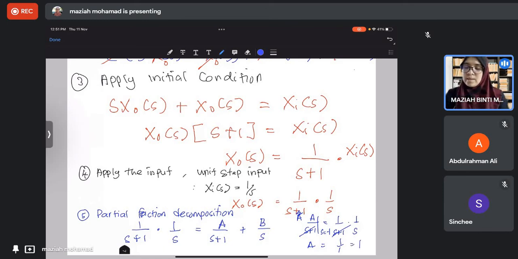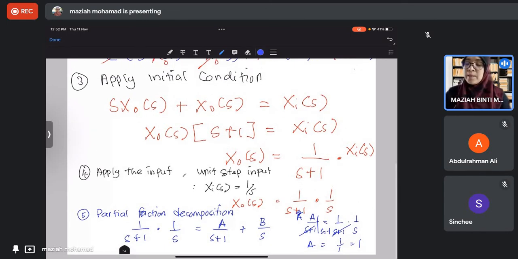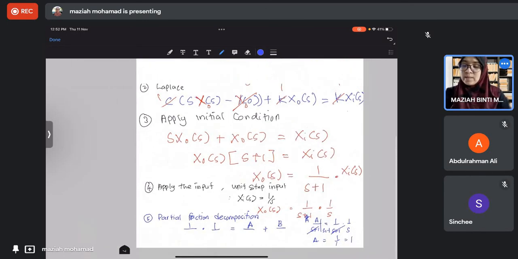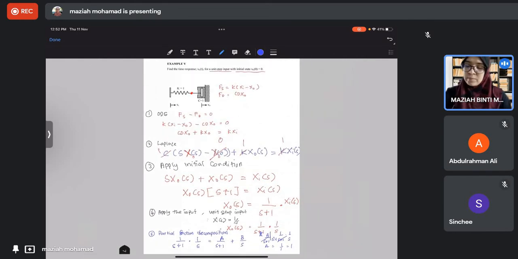Okay. As for B, sama juga, B over s equal to 0. Okay, 1 juga. So B sama dengan 1 juga. Later saya akan tunjuklah partial fraction tu, tapi basically for this one saya buat mark ke atas.